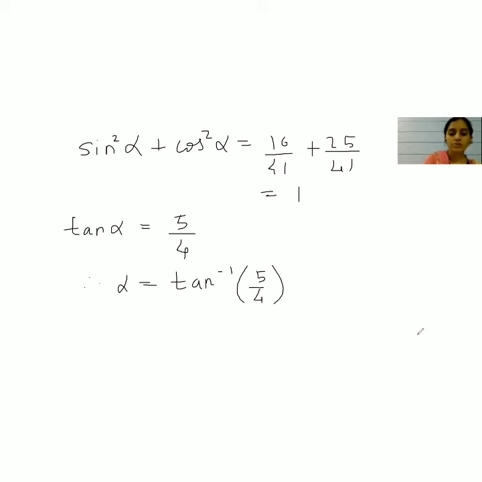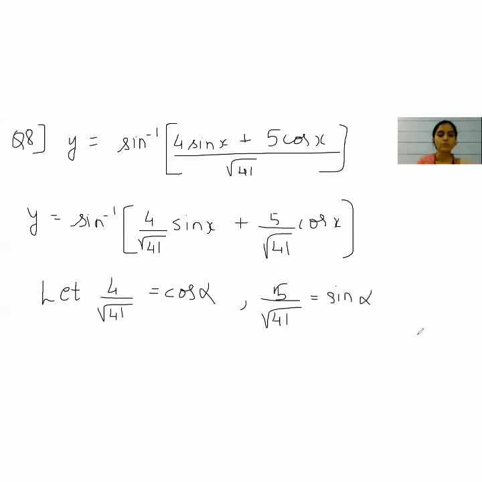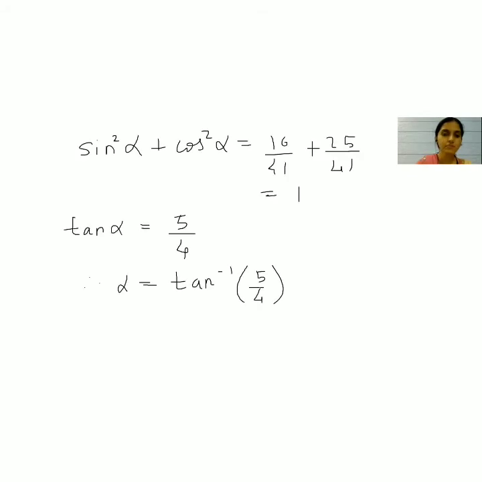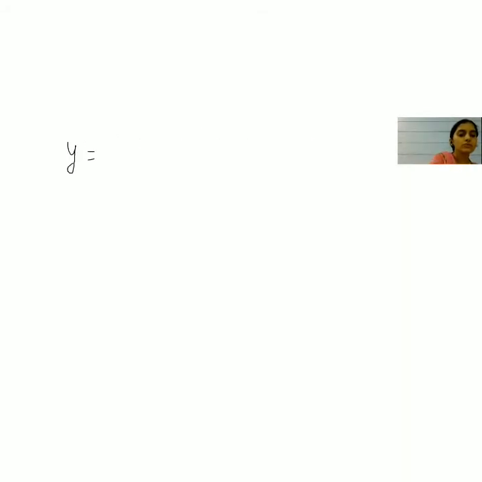Now, let us come back to the question. So we are going to substitute 4 by root 41 as cos alpha and 5 by root 41 as sin alpha. Okay, so let us substitute. So y is equal to bracket cos alpha sin x plus sin alpha cos x.